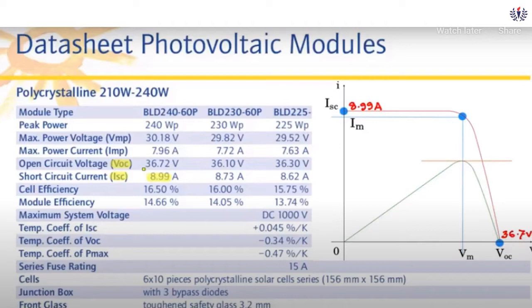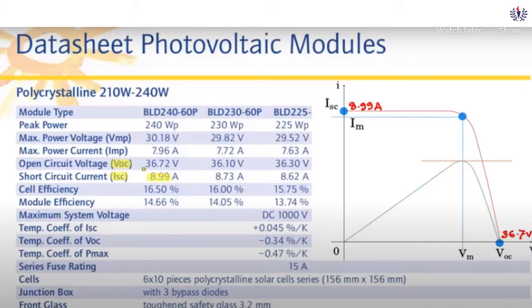The open circuit voltage is 36.72 volt, which is marked on the x-axis, and the short circuit current is 8.99 amperes. The cell efficiency is 16.5 percent and the module efficiency is 14.66 percent.